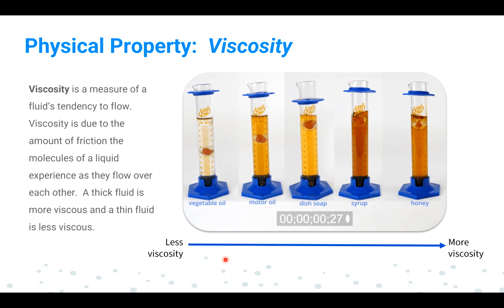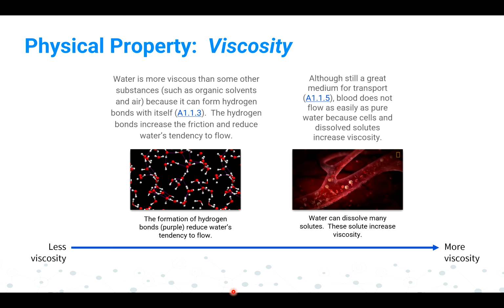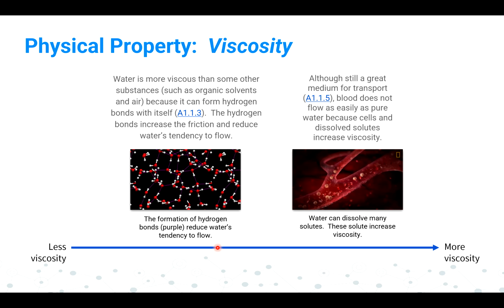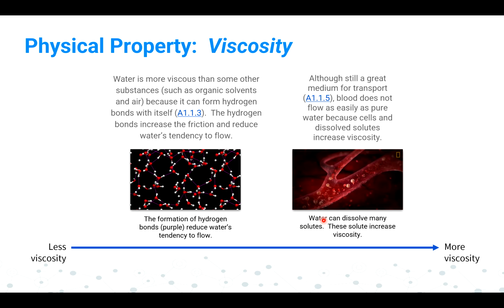And viscosity is due to the amount of friction the molecules of a liquid experience as they flow over each other. So you can see this honey is still taking time to come down, whereas vegetable oil goes down immediately. So you can see what is happening when they are less viscous and when they are more viscous.